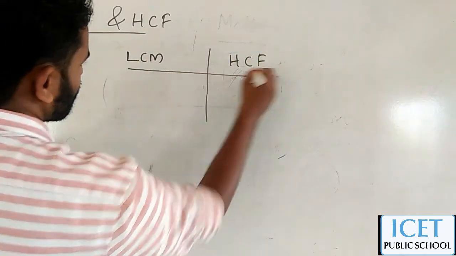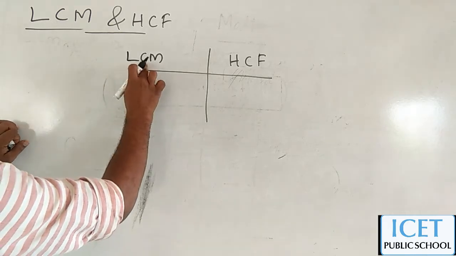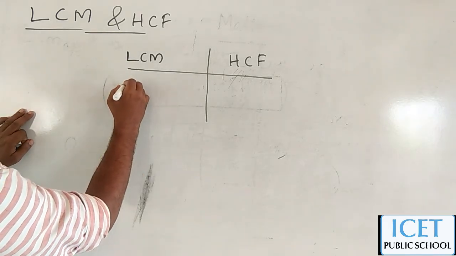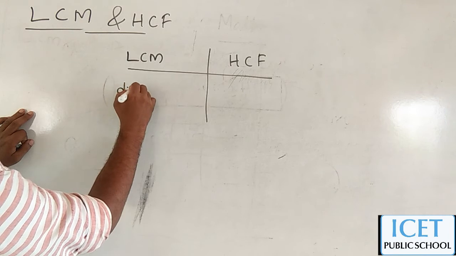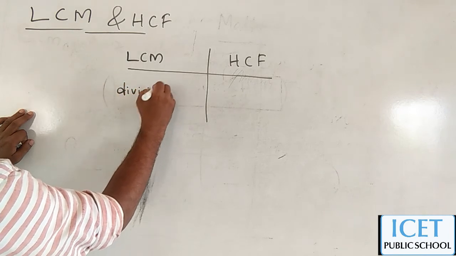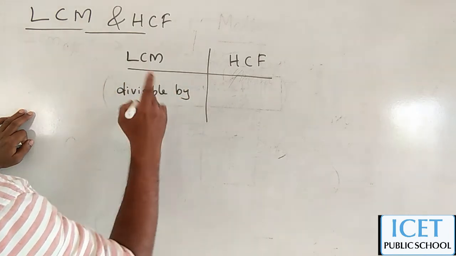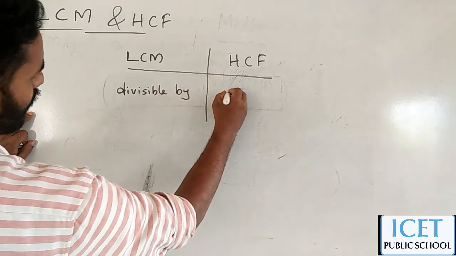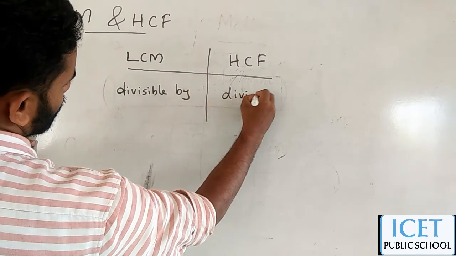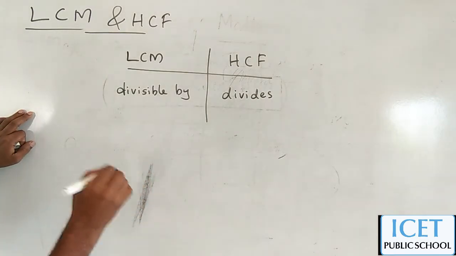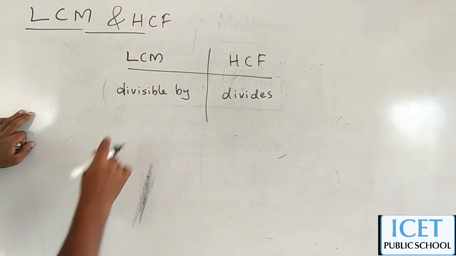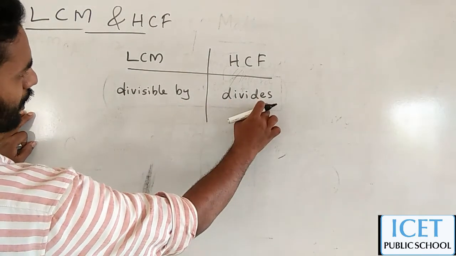You have to note it. Here in the case of LCM, the question will be that find the least number that is divisible by. In case of the HCF, the question will be find a number that divides. Divisible by, divides. Okay.